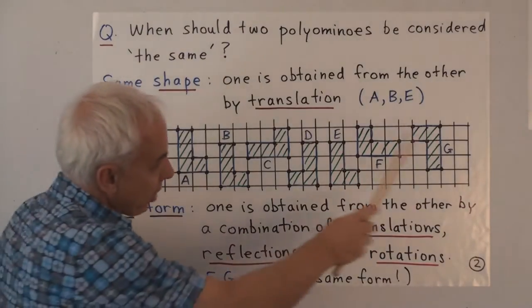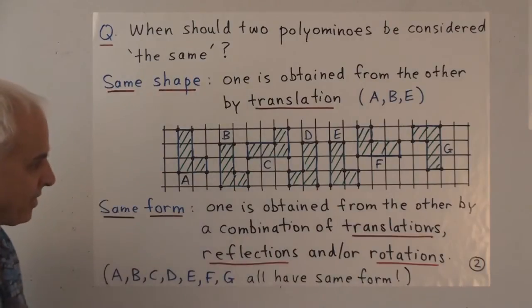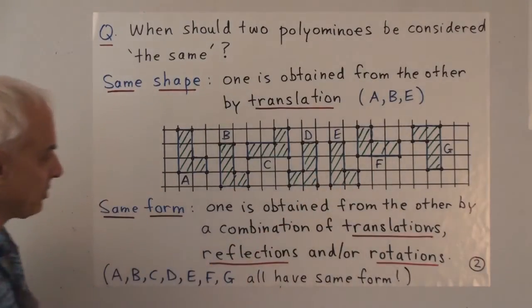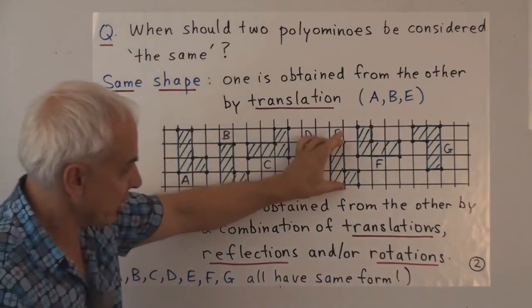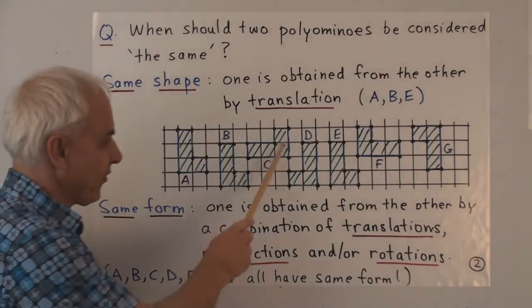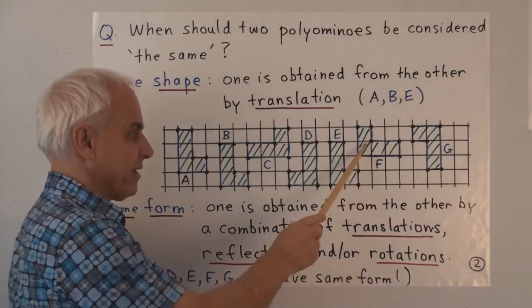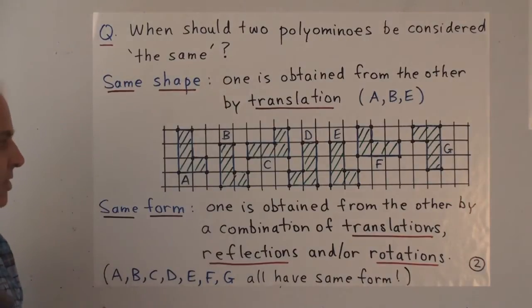There is one more polyomino in this collection here that is the same shape as A and B, and I hope you can find out which one it is. It's E right here. So this one, E, can also be obtained from either A or B by making a translation. These other ones look a little bit like E, B, and A, but we don't say that they have the same shape.